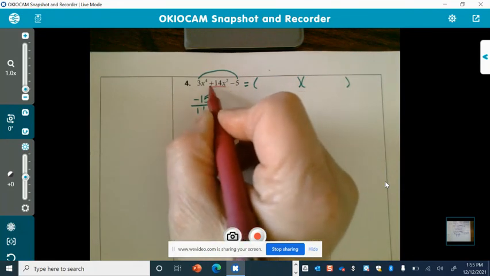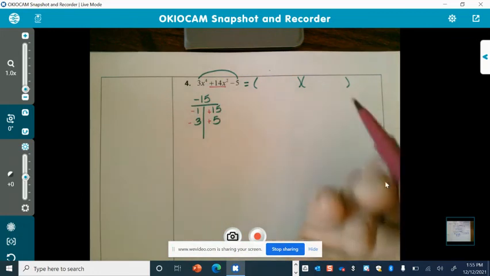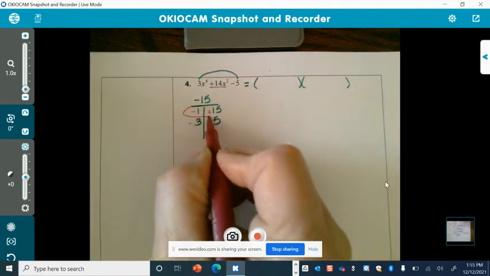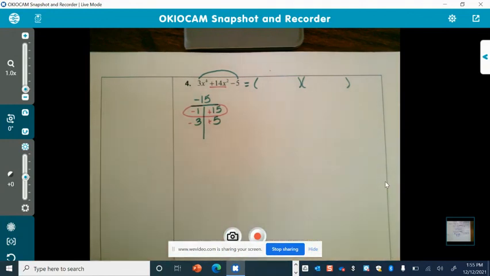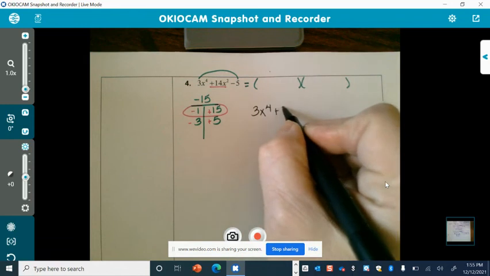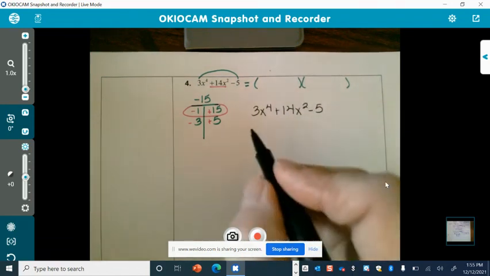I look at the middle. The larger factor has to be positive. The smaller one will have to be negative in order to get a negative product. -1 and positive 15. So 3x to the 4th plus 14x squared minus 5.